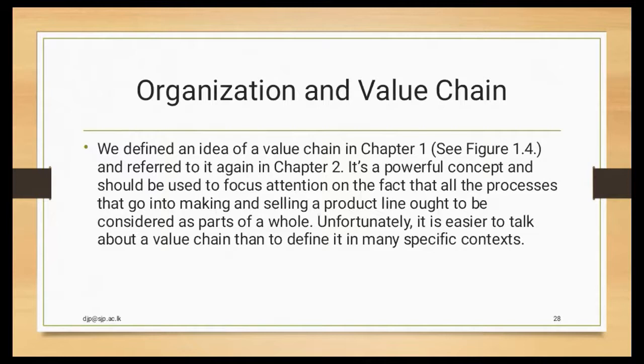It's a powerful concept and should be used to focus attention on the fact that all the processes that go into making and selling the product line ought to be considered as a part of a whole. You should remember the primary activities and the secondary activities, and what is included in each, right?